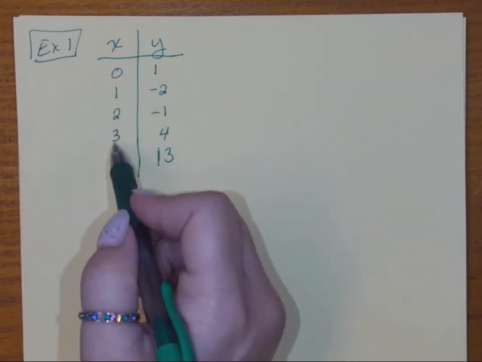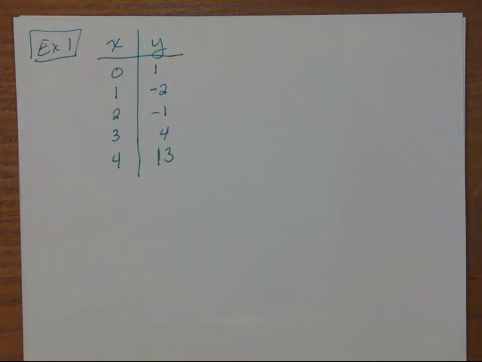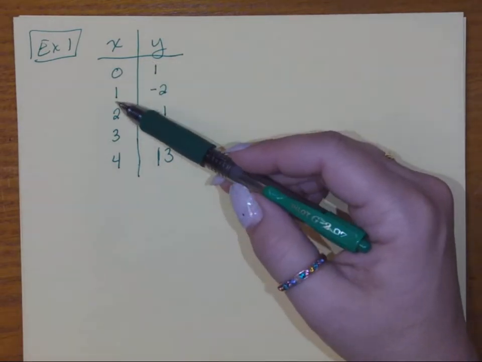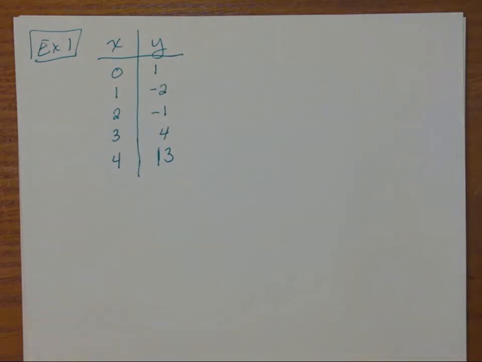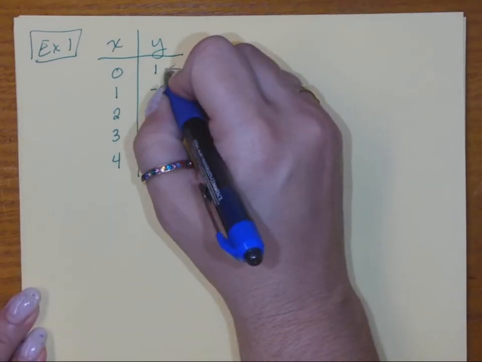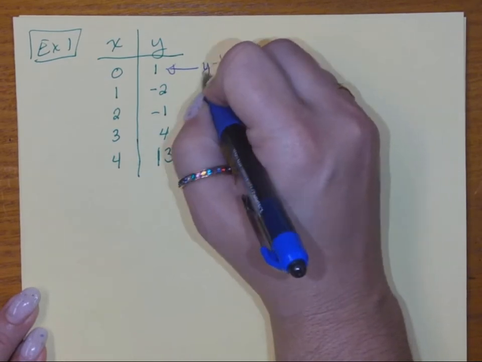They won't always be exactly consecutive numbers, so you should always check, but a lot of times they will be. In this case, I'm giving you the 0 value, which means you know your y-intercept, right? That right there is my y-intercept.